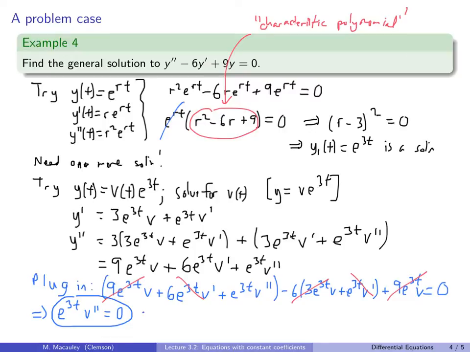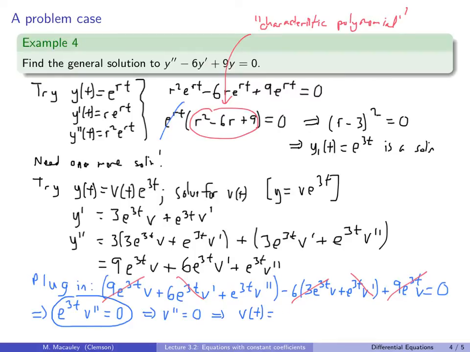So that tells us that v double prime is zero. So what does v have to be? If its second derivative is equal to zero, what function satisfies that? Well, a linear function.